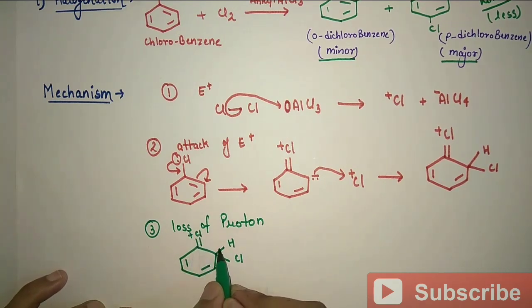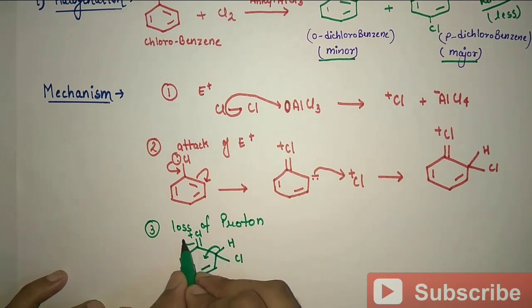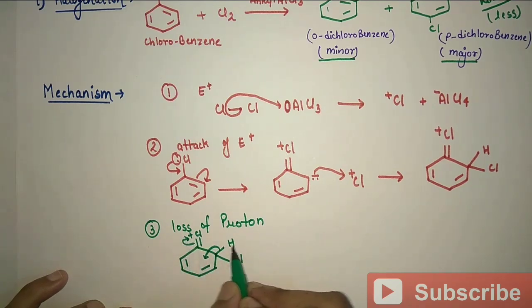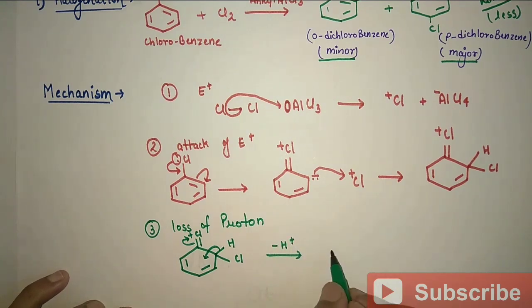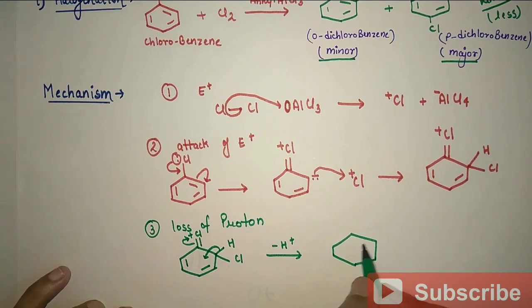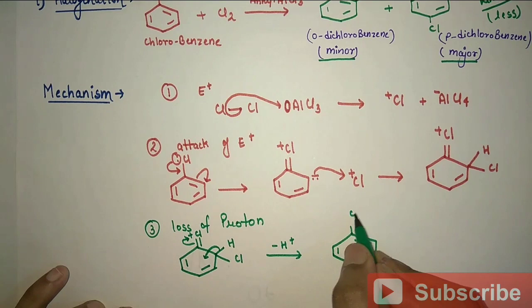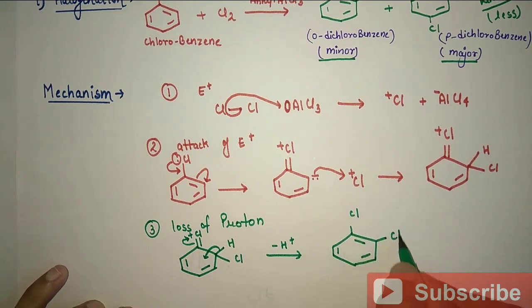This bond goes to this and this bond goes to this, and H plus will release. And it will form the ortho dichlorobenzene as a product. This is our product.